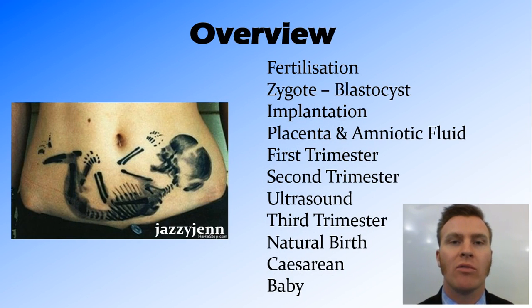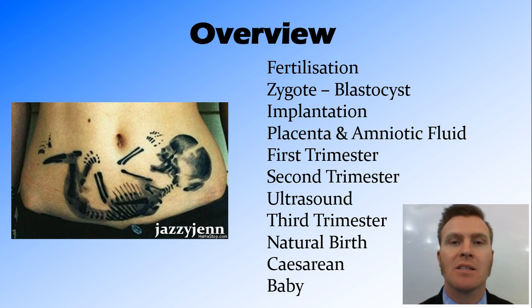In this video, we've looked at the process of pregnancy from fertilization to birth. We talked about the fertilization of the two gametes fusing to form a zygote. That zygote then differentiating into a blastocyst before implanting on the uterus wall, forming a placenta in its amniotic sac of fluid. The first trimester, where most of the structural development happens.